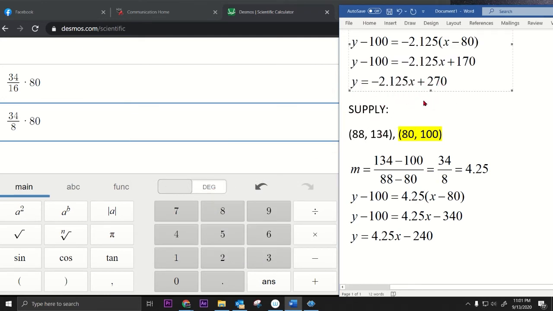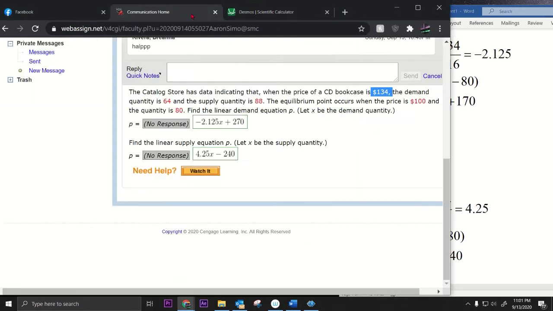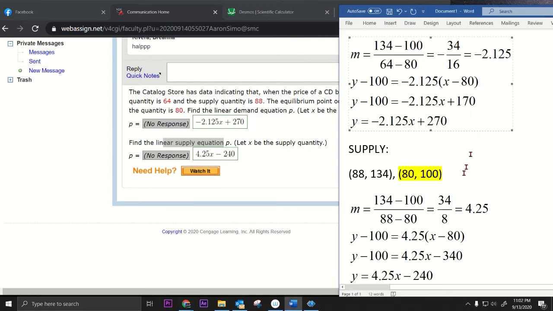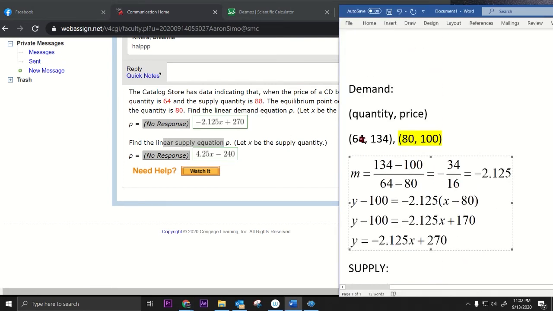So how can we summarize this question? It boils down to getting ordered pairs and understanding that the equilibrium point is going to be an ordered pair for both equations, the linear demand and the linear supply equation. Once again, key things: make price y and quantity x.